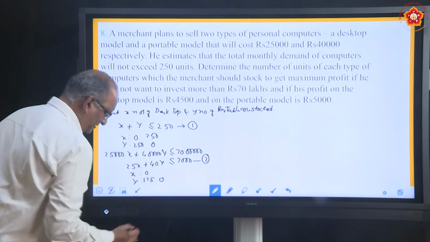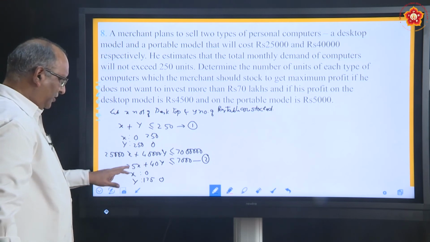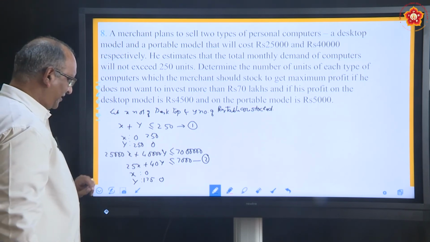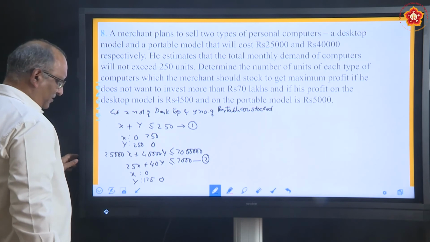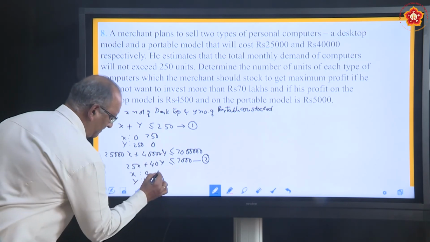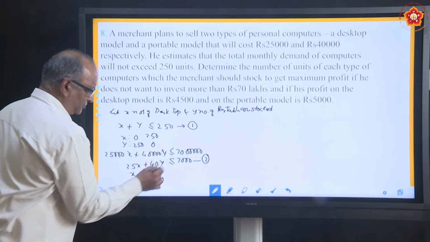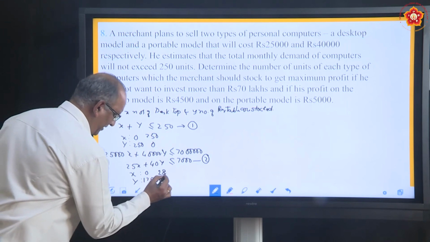If you substitute y as 0, you get 25x equal to 70,000. Divide by 25, you will get 280.